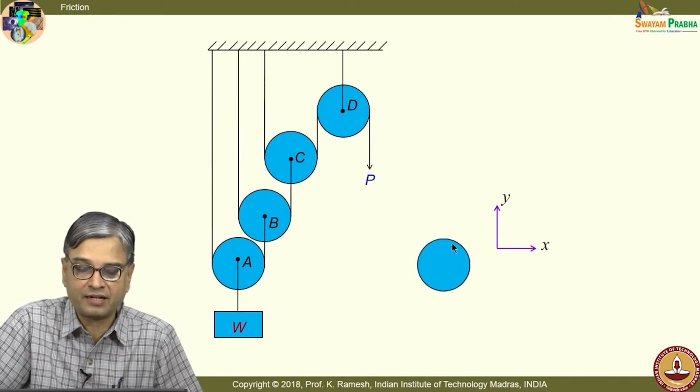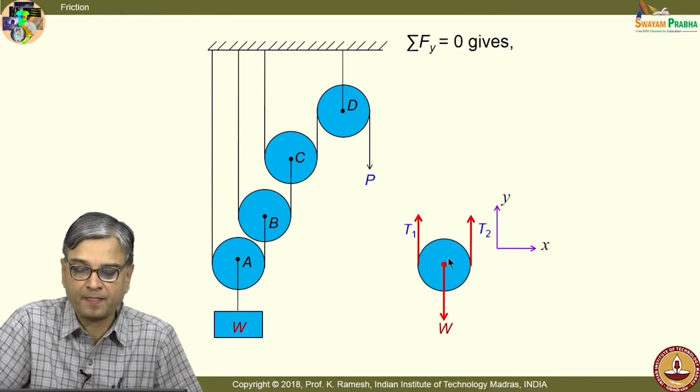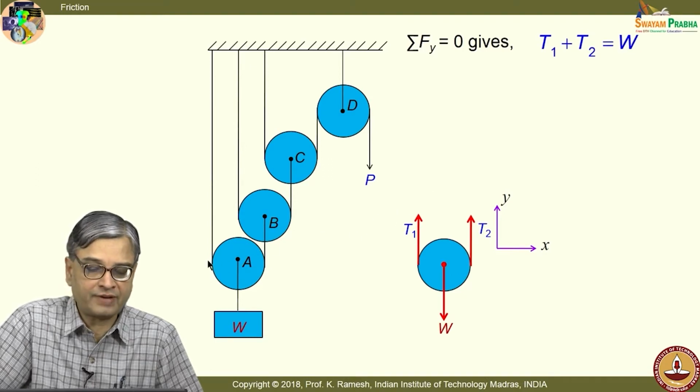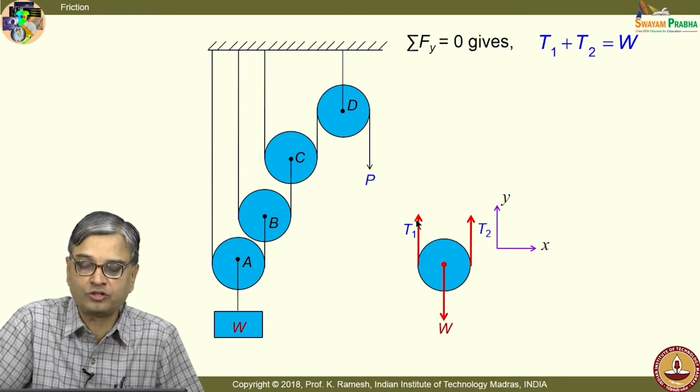So, I have a pulley separated, and weight is acting on this. In general, I can represent the tension in the cable as T1 and T2. Because I have a situation where there is no friction, we can also investigate what T1 and T2 should be.